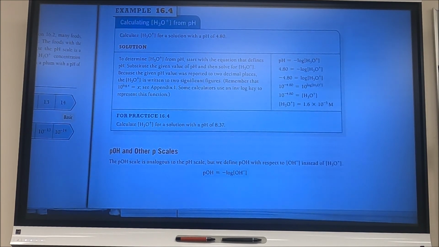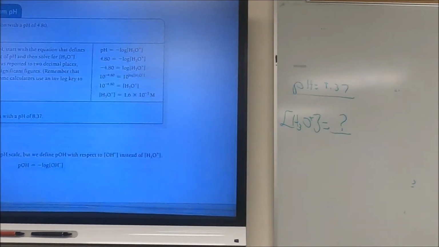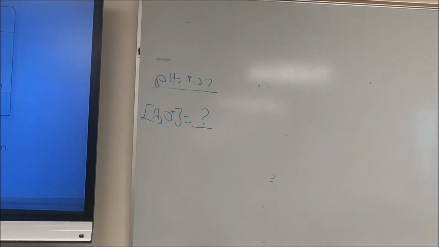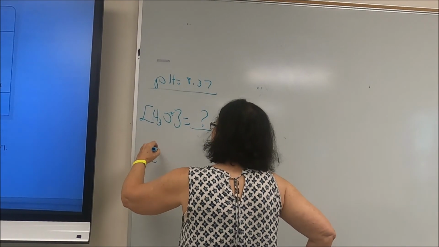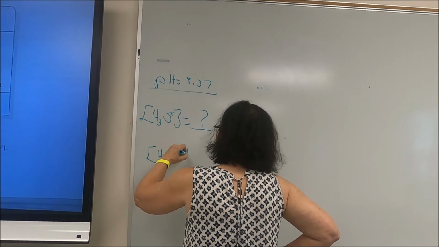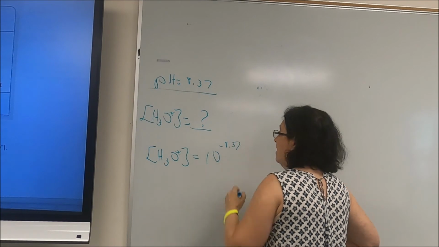And we want to know hydronium ion concentration. Okay, so let's play with this. So what I have to say is that the hydronium ion concentration is just going to equal 10 to the minus 8.37.